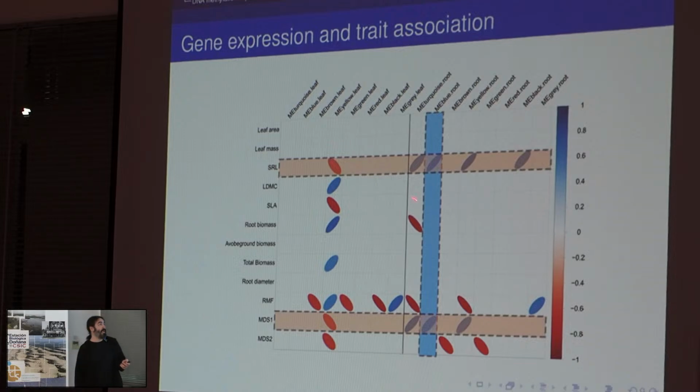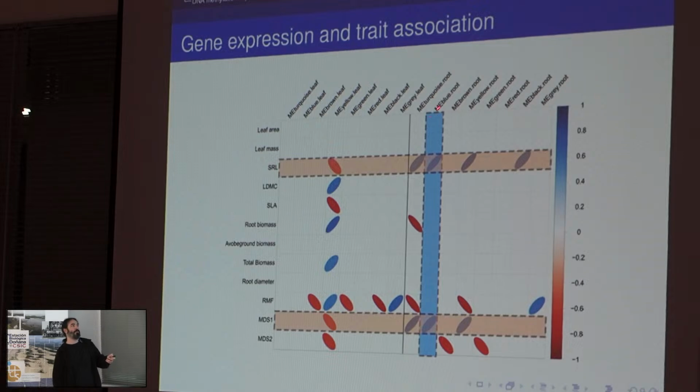So now we are checking these modules that I was talking about against the plant traits, and also the dimensions that we produced with the multivariate analysis. I was interested in the blue module because it was the one that has a response to azacitidine, transcriptomically speaking. We see that the expression in leaves was not correlated to any trait.